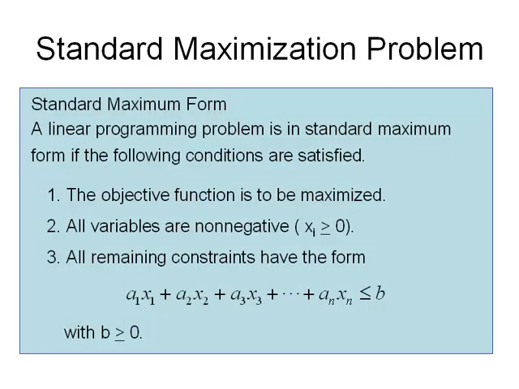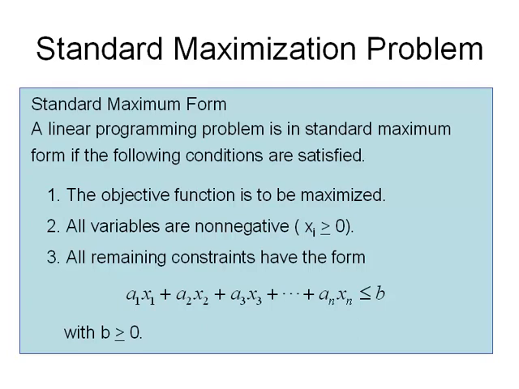So let's take a look at what it means for a linear programming problem to be in standard maximum form. A linear programming problem is in standard maximum form if the following conditions are satisfied. First of all, the objective function is to be maximized. Second, all the variables are non-negative, so the x sub i's are greater than or equal to 0.